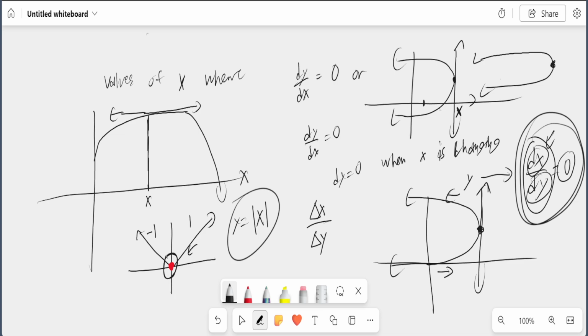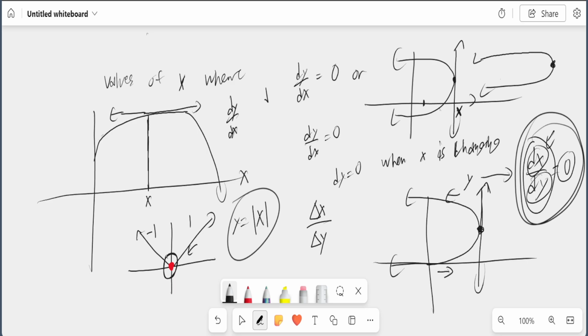Oh, I also want to clarify. The change in x and the change in y are kind of dependent on each other. I don't really have a good way of writing this notation other than using prime notation, which is kind of annoying. So dy/dx is the change in y when we move a certain value in x, right?